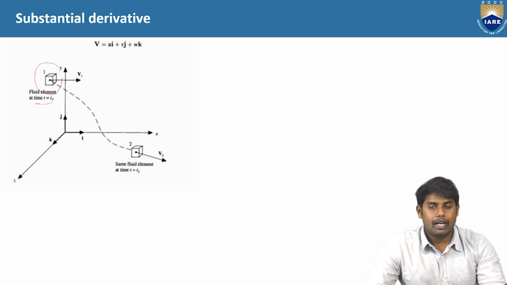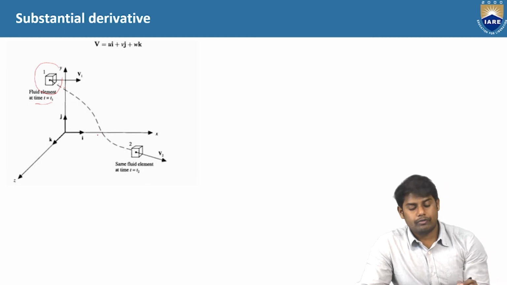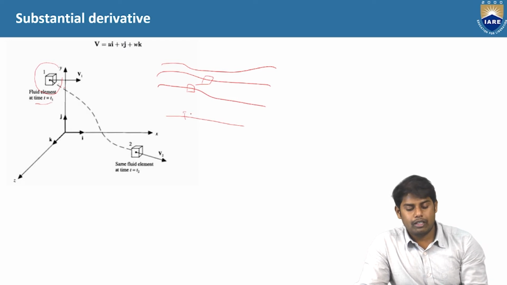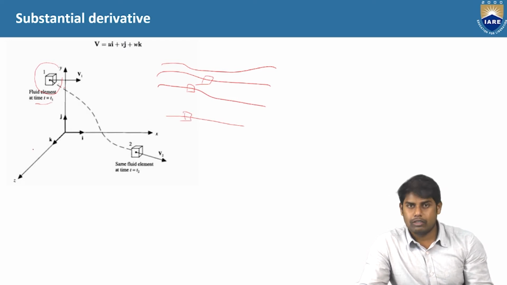And at time t equal to t2, the fluid element has traveled from one place to another. The dotted line is the path followed by the fluid particle. In the flow you have a number of fluid particles, and they are not restricted to a certain path.